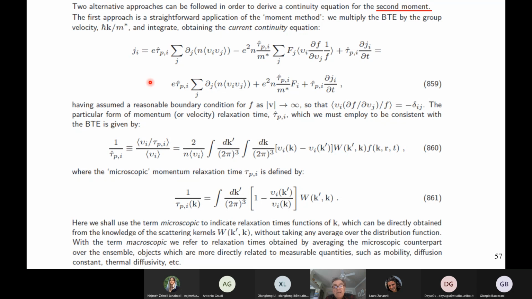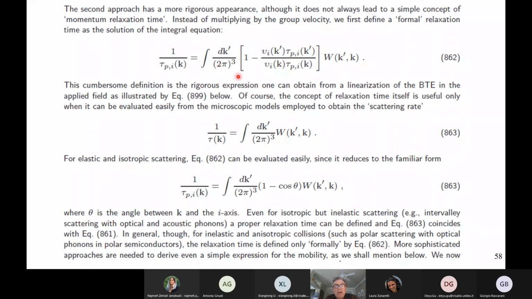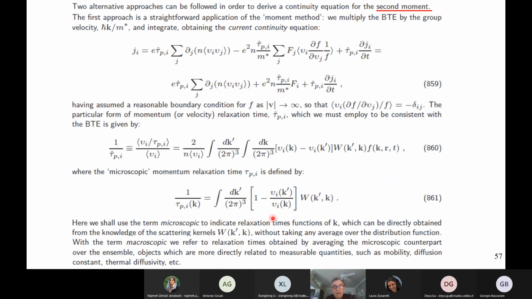The other approach that I can follow, rather than multiplying by this, is instead to multiply by this object. This is not a guess, I mean, you know already what you want to get to. You multiply the Boltzmann transport equation by a different object by first defining this momentum relaxation rate, which is neither the microscopic nor the macroscopic that I define here.